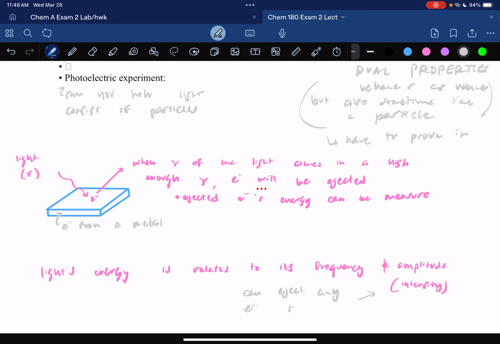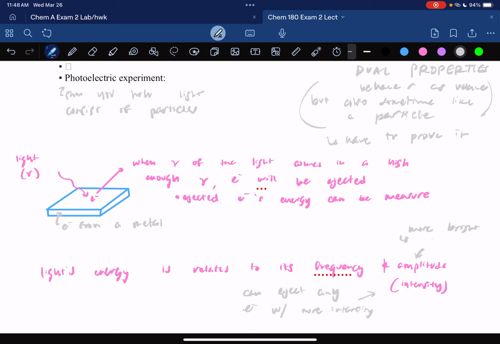How come it's only limited to high frequency? Higher frequency, higher energy, so the electron will be ejected. But higher amplitude, brighter light, means its energy is also higher, so it should eventually eject the electron also. Does that make sense?